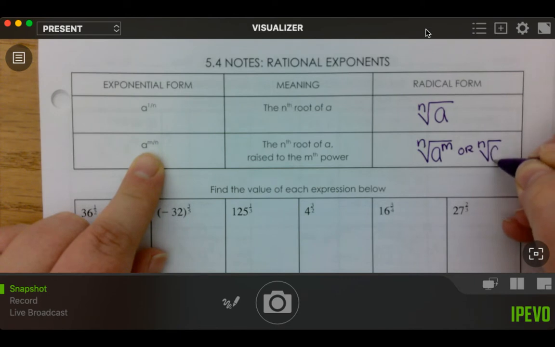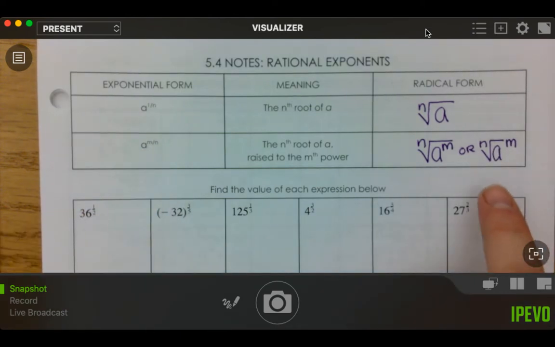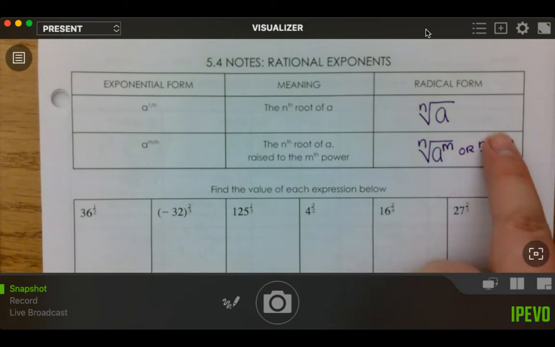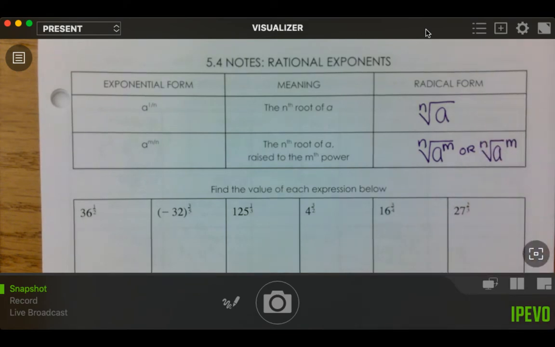It doesn't actually matter which way you do it. I will say that a lot of times it's easier to do the root first than the extra power because that makes it a smaller number that you're taking to the extra power on the outside.